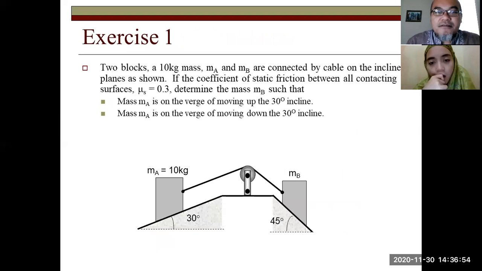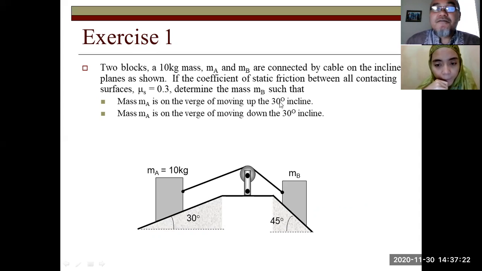Okay, so this will be the last exercise for today. Two blocks, MA and MB, each 10 kilogram mass, connected by a cable on the incline as shown. One is on the 30-degree slope, the other one on the 45-degree slope.